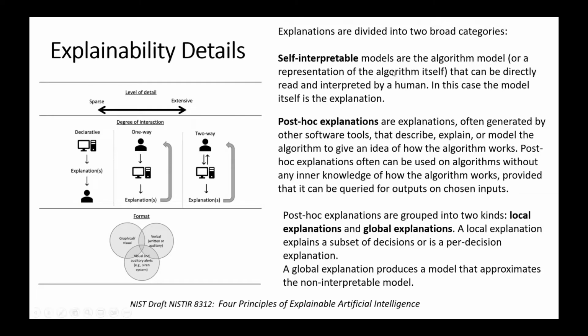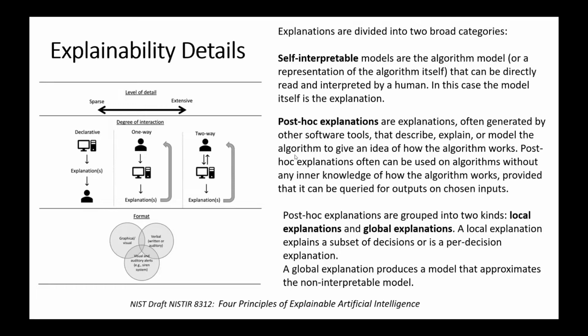That explanation can be divided into broad categories according to the NIST report: self-interpretable, where the model itself can be interpreted by a human being, or post hoc explanation, where additional tools, techniques, or humans can be used for giving further explanation.